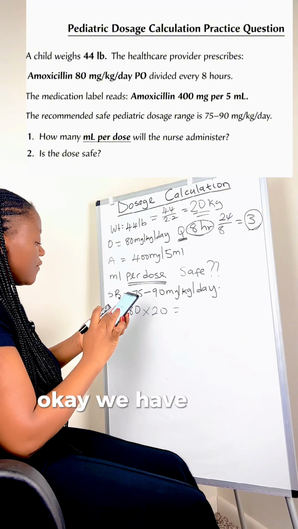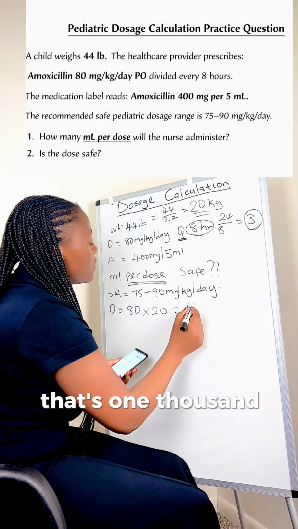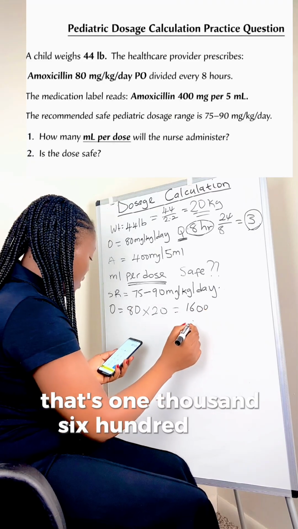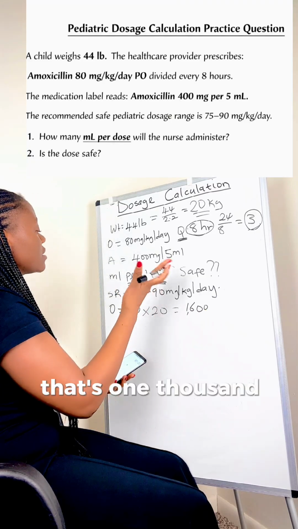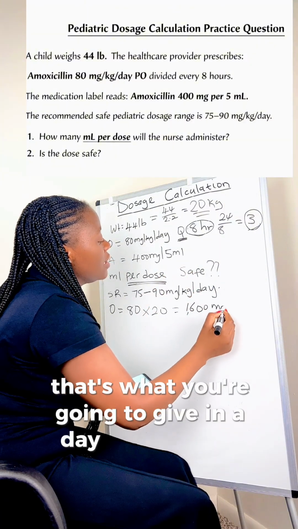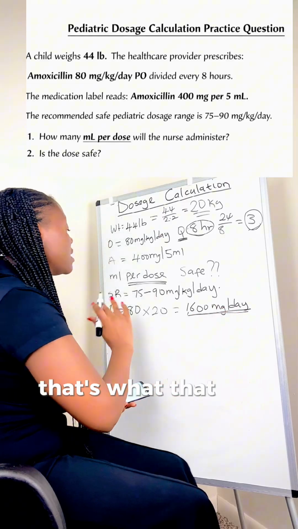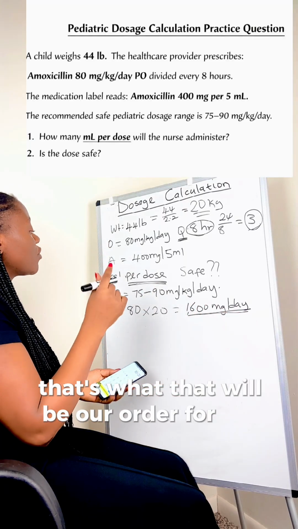Okay, we have 80 times 20. That's 1,600, right? That's 1,600 milligrams per day. That's what you're going to give in a day for this particular child. That will be our order for the day.